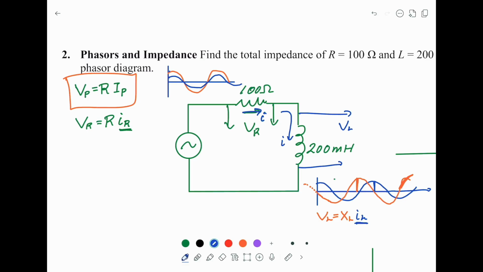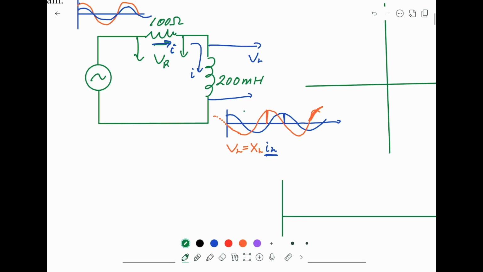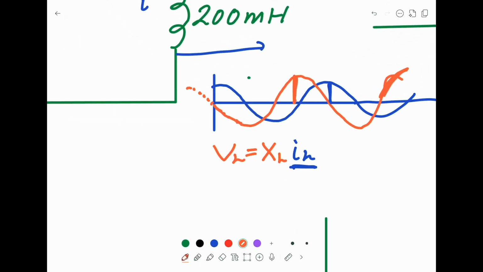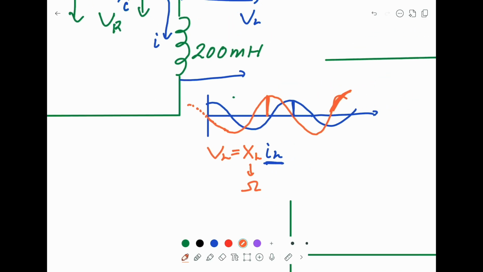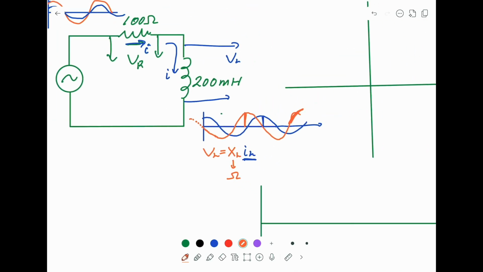So XL have the same function as Ohm's law as R. So we can say if R is measured in ohm, the XL should also measure in ohm. So they're the same. But the only thing difference is this time the voltage and the current crossing the inductor, they are 90-degree out of phase.